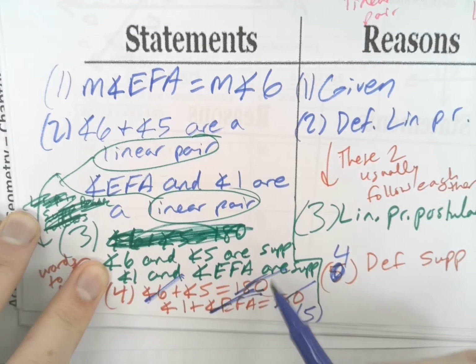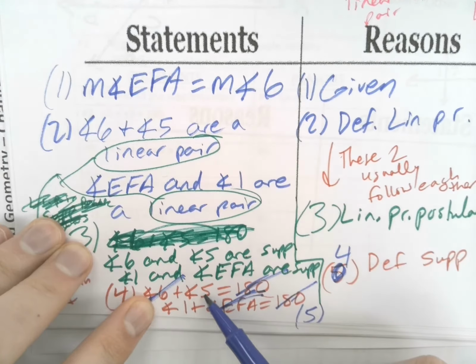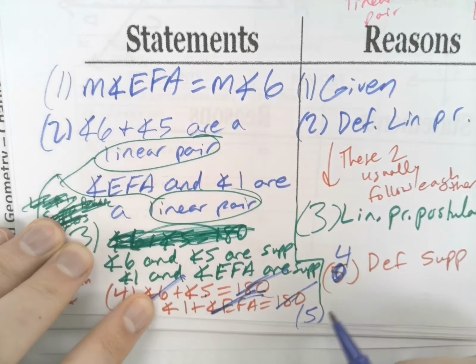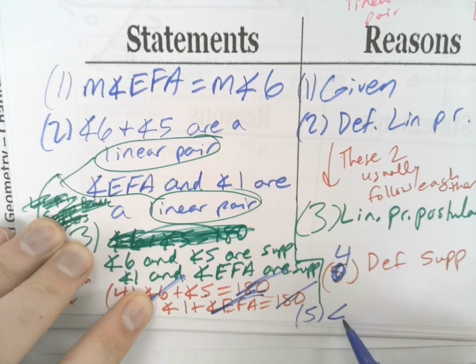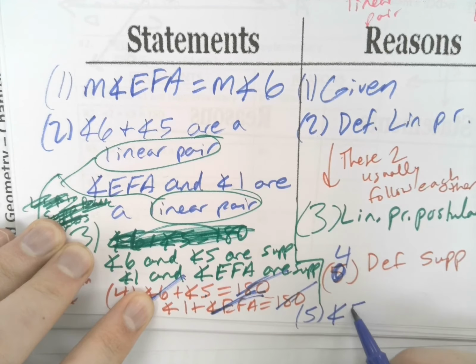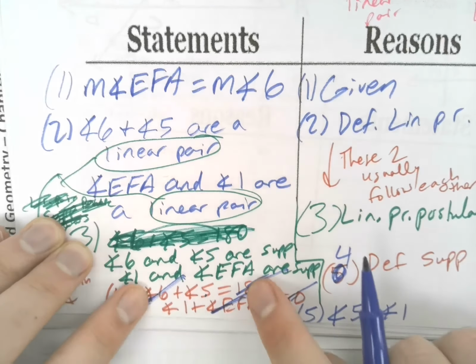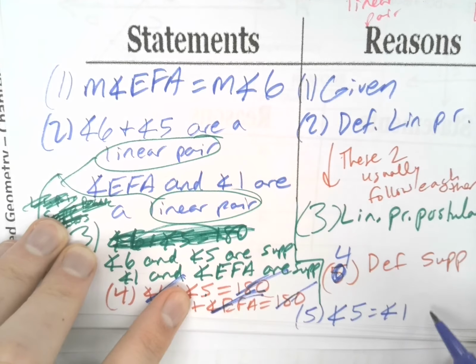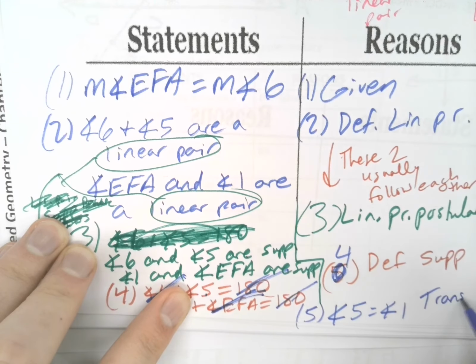Cut out the repetition, and what are you left with? Angle 5 is going to be equal to angle 1. And what lets us cut out the middleman and cut out the repetition? Transitive property.